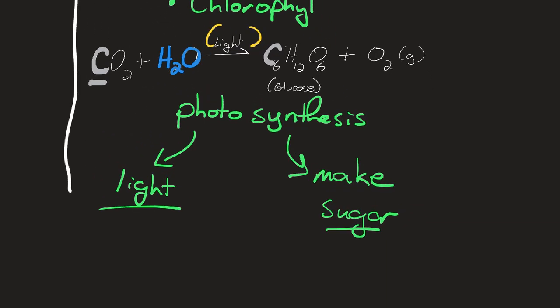Where do the oxygens come from that are in glucose, right? Let me use red. Where's the oxygen coming from that's in glucose? It's coming from the oxygen in CO2.